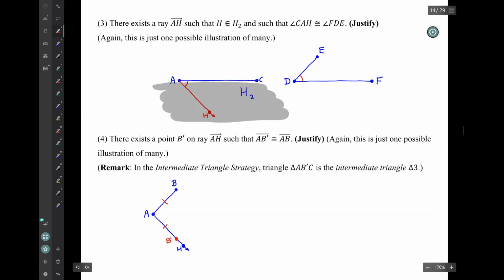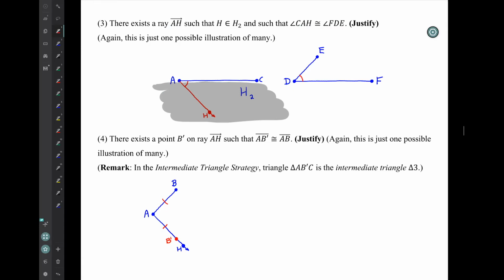Statement 3 says there exists a ray AH such that point H is in half-plane H subscript 2, such that this angle CAH is congruent to angle FDE. You'll justify that in your homework.